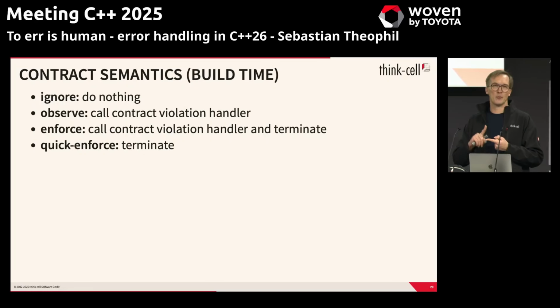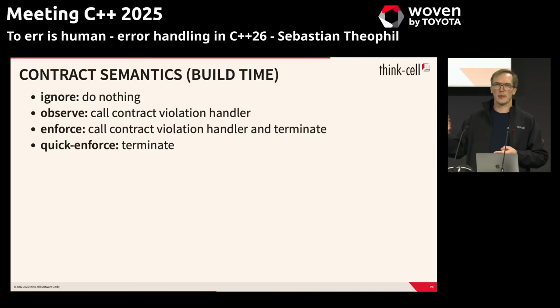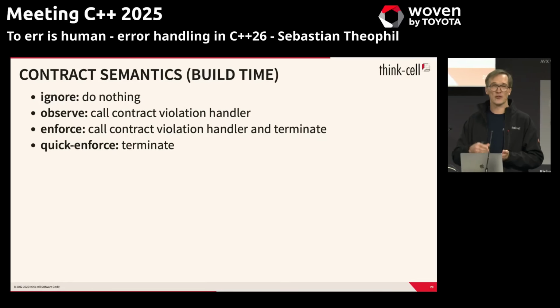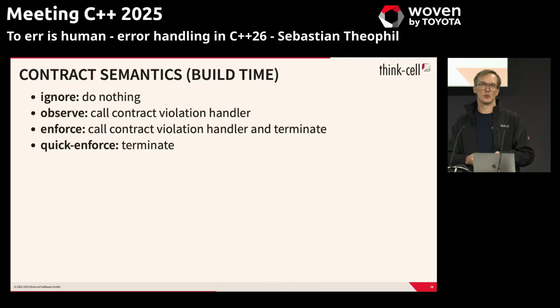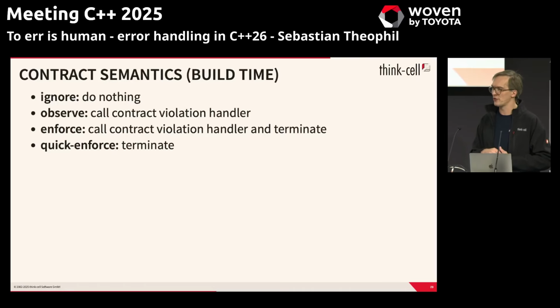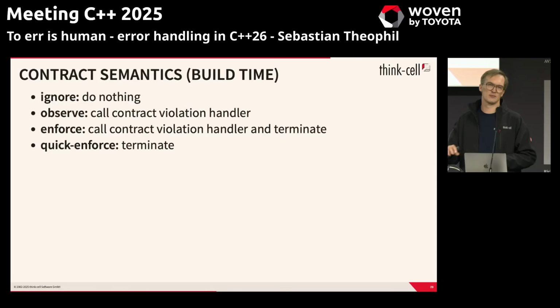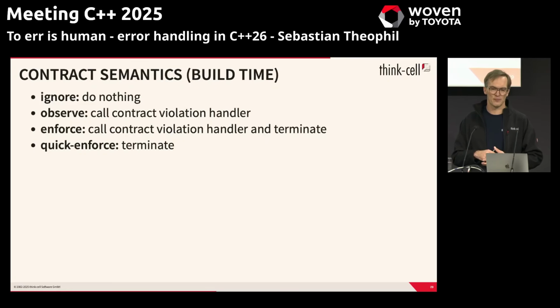I want to observe the violation, which means that a contract violation handler will be called, it can log whatever, but program execution will continue. We can choose enforce semantics. Enforce semantics means we are calling a contract violation handler, again, to do logging, reporting, whatever, and then we will terminate. And quick enforce means terminate as quickly as possible.